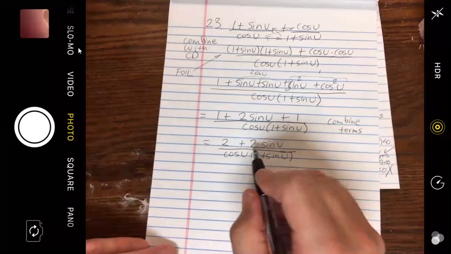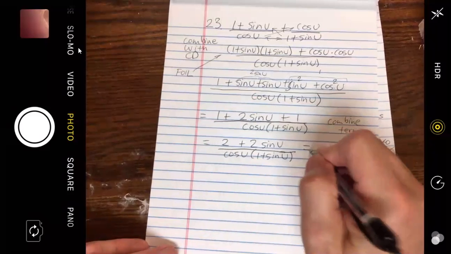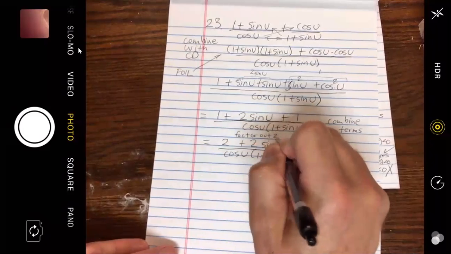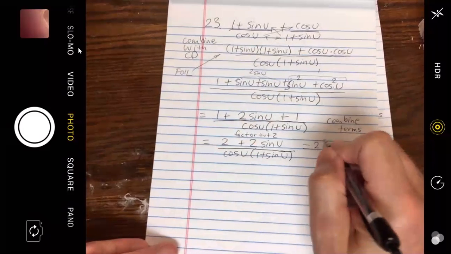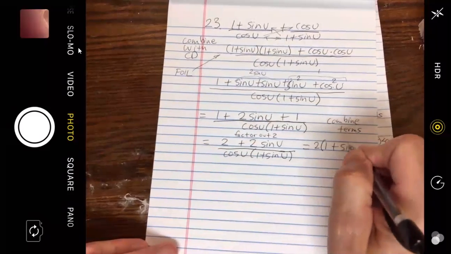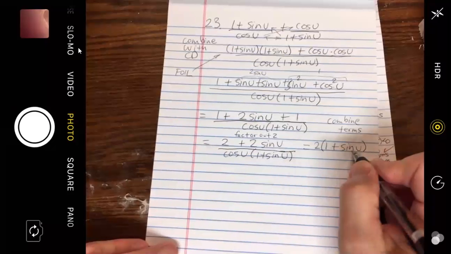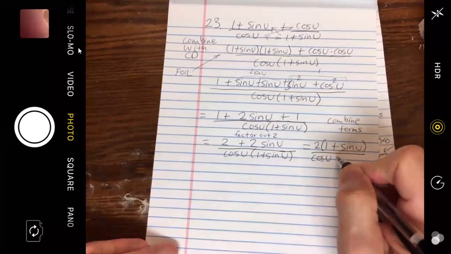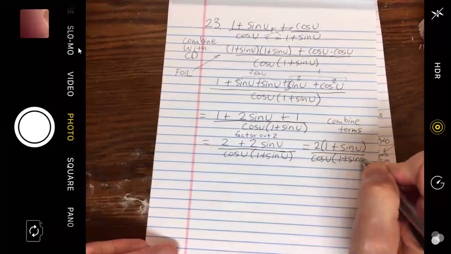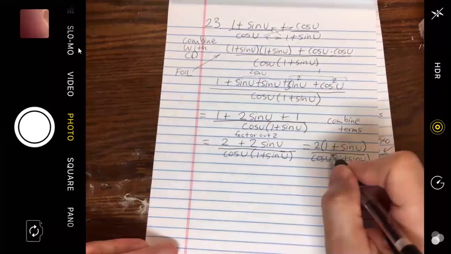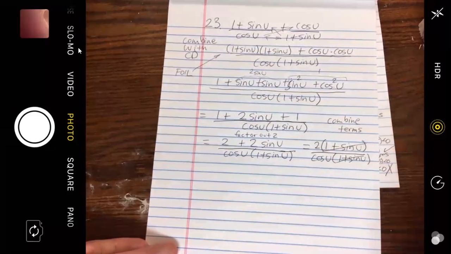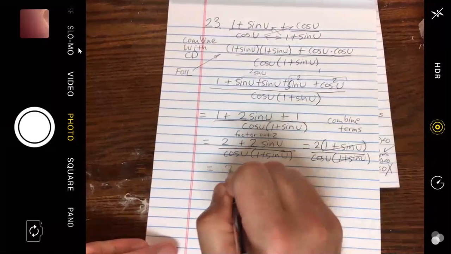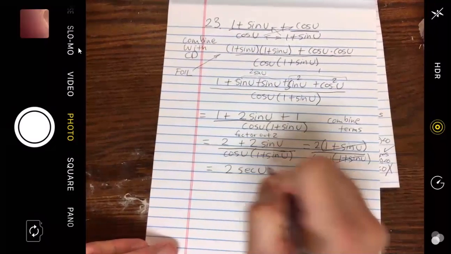But if you notice a common 2, factor out the 2. 2 times 1, 2 times 2 sine u... 2 times 1 plus sine u over cosine u, 1 plus sine u. The identical piece, that cancels.